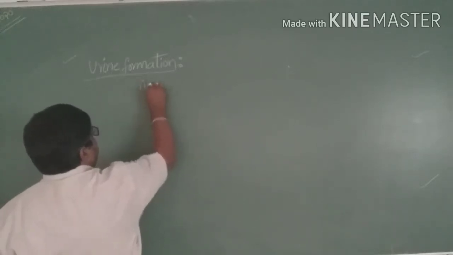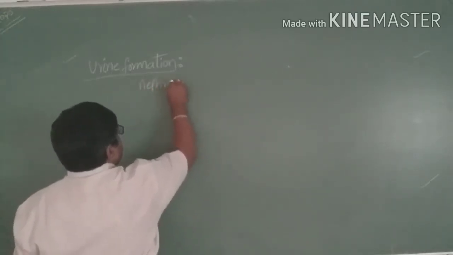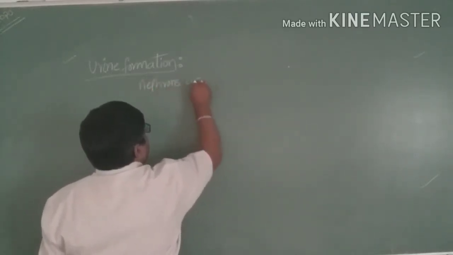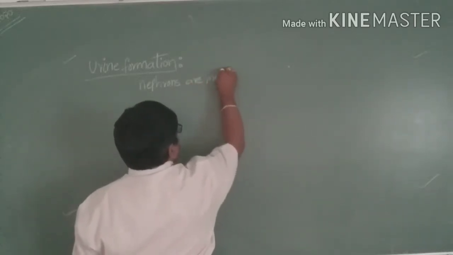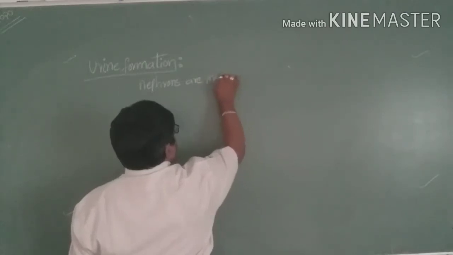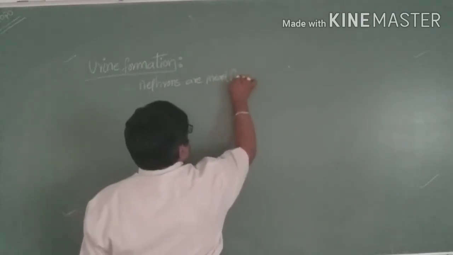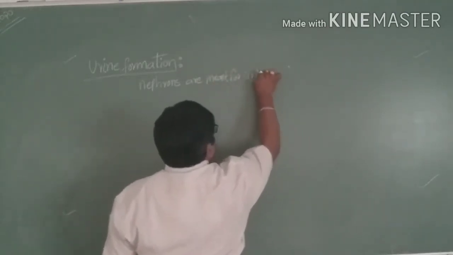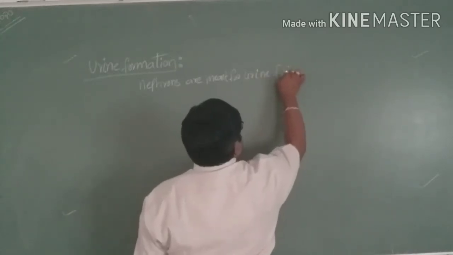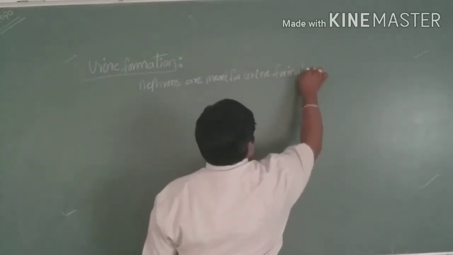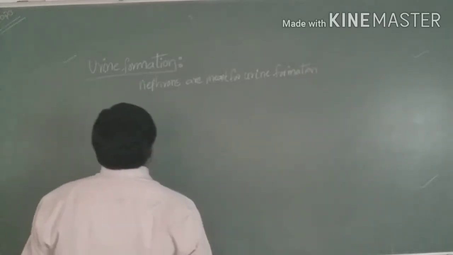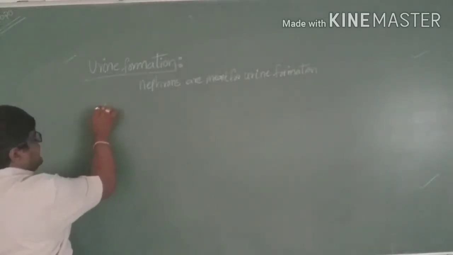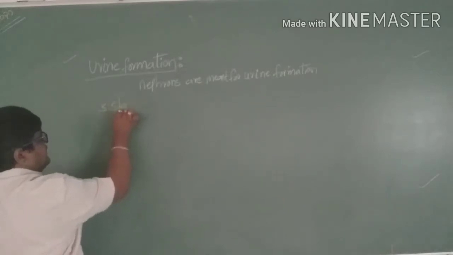Nephrons are meant for urine formation. This urine formation consists of three steps.